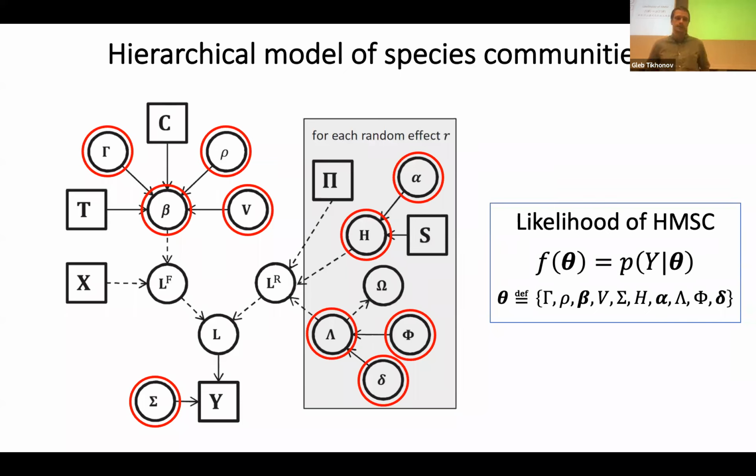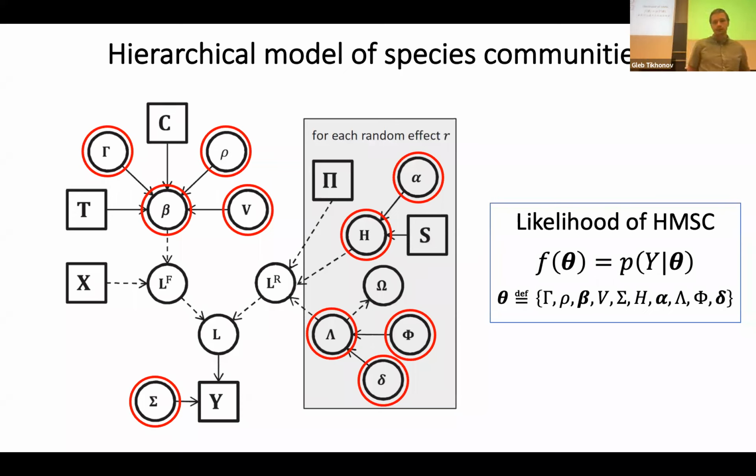In black squares we have the data, something which is given to us as modelers, while in circles it's either the model parameters, which are double highlighted by red, or some quantities which are derived from them. And with these solid links and dashed links, we have either the stochastic dependency or non-stochastic dependency.